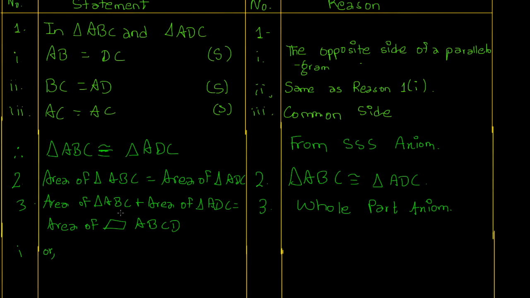So triangle ABC plus triangle ADC equal to parallelogram ABCD, and we know that area of triangle ABC is equal to area of triangle ADC because we have already proved it here.